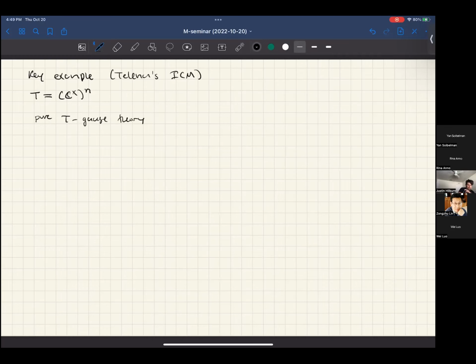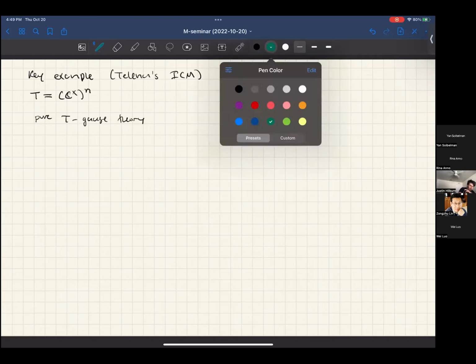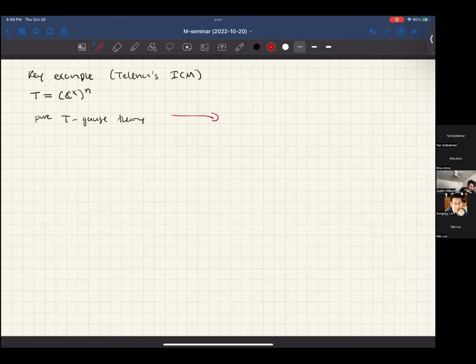On one side, the 3D mirror is given by the sigma model into T star of the Langlands dual torus.